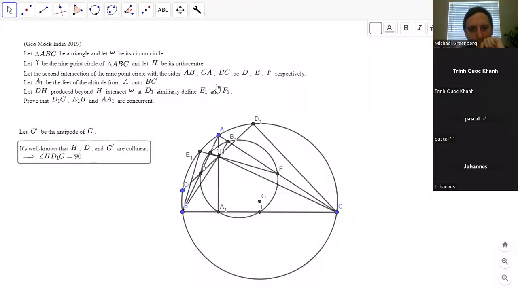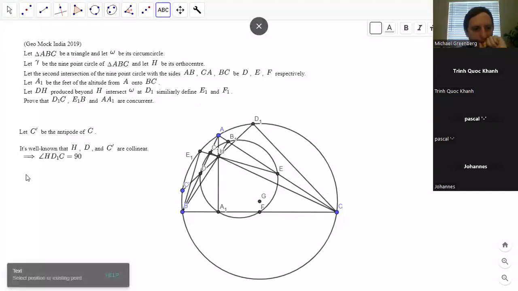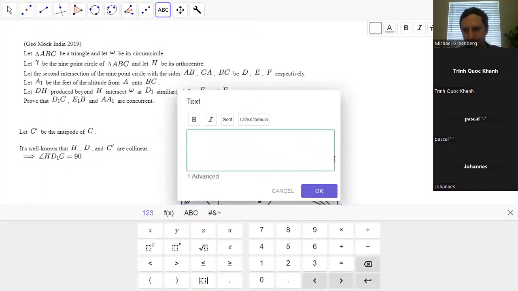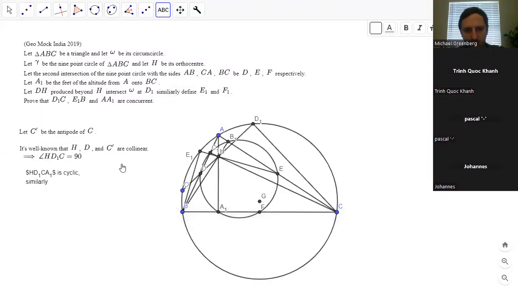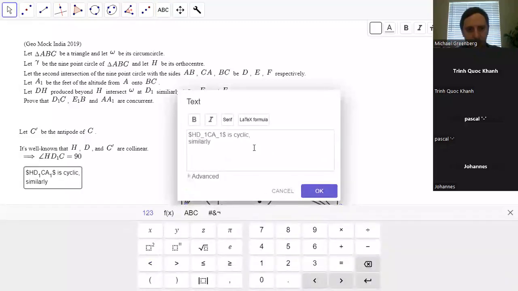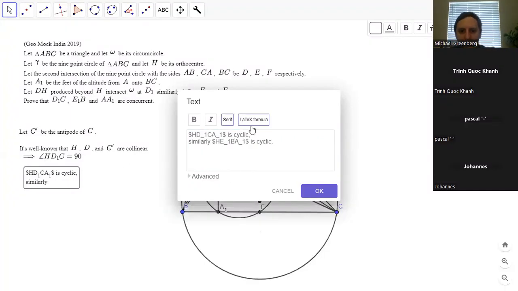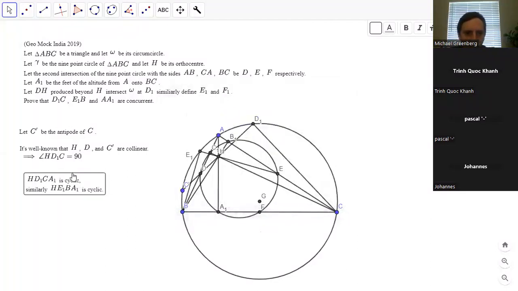So HD1CA1 is cyclic. Similarly, HE1BA1 is cyclic. So by the radical axis theorem, those concur.